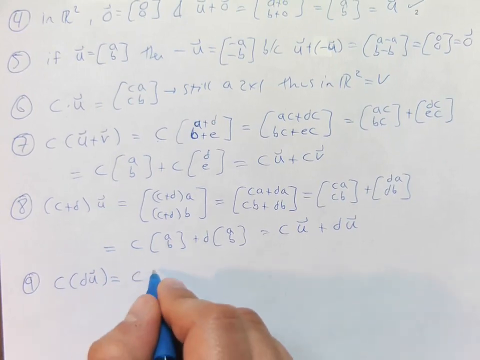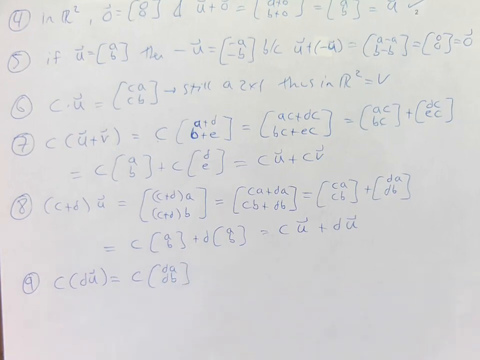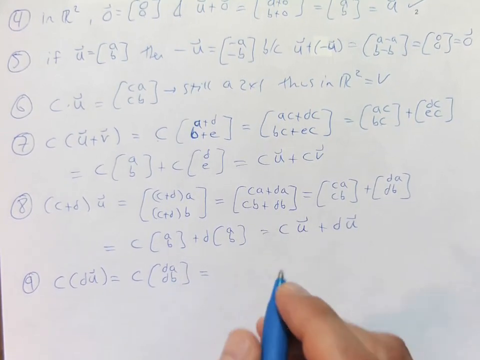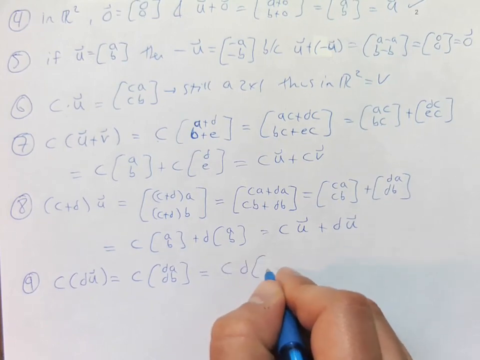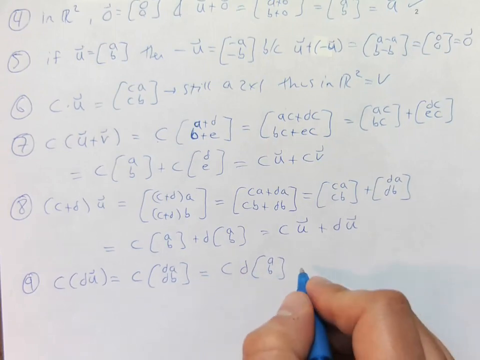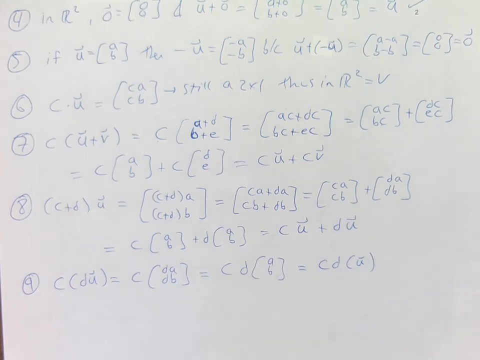So this is going to be C times dA dB. And then we factor out the D. And then look, C and D are now grouped together times U. And that's what we're hoping to show.